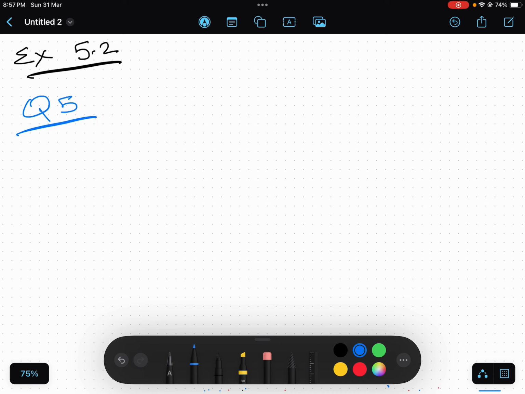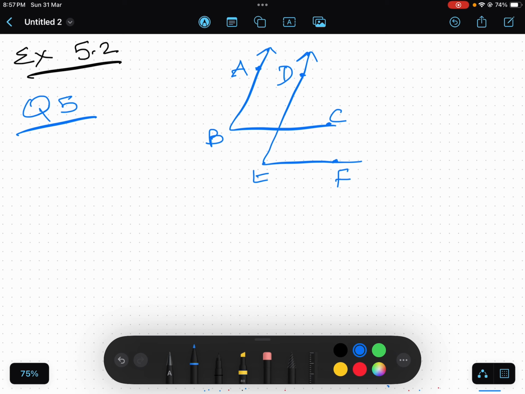So question number 5, they have given the figure like this, and then another figure is like this. So two arrows. Here it is given A, point D, and then point C, point F, and then B, E, and this intersection point is G, and this is given as 70 degrees.